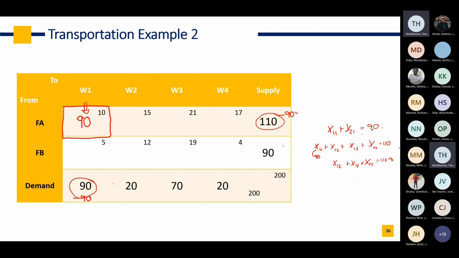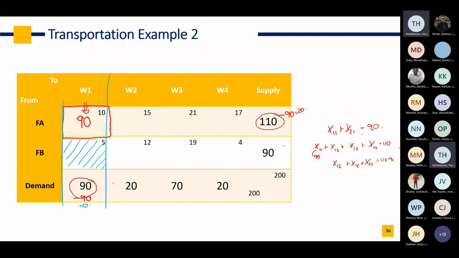So we're going to go through that process. If that gives us 20, we say, well, we've already solved for this constraint because the demand now is equal to 0. So we actually can't put anything over here because this column has already been met.